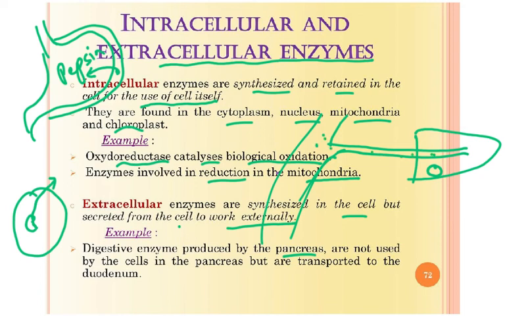So they will be produced in the cells, but they will enter this pancreatic duct and be brought here and mixed with the food in the duodenum, and they will digest the food which you've eaten and which remained in the stomach for 3 hours but is now entering the duodenum. It will be digested by the three enzymes produced by the pancreas. So, intracellular enzymes and extracellular enzymes.